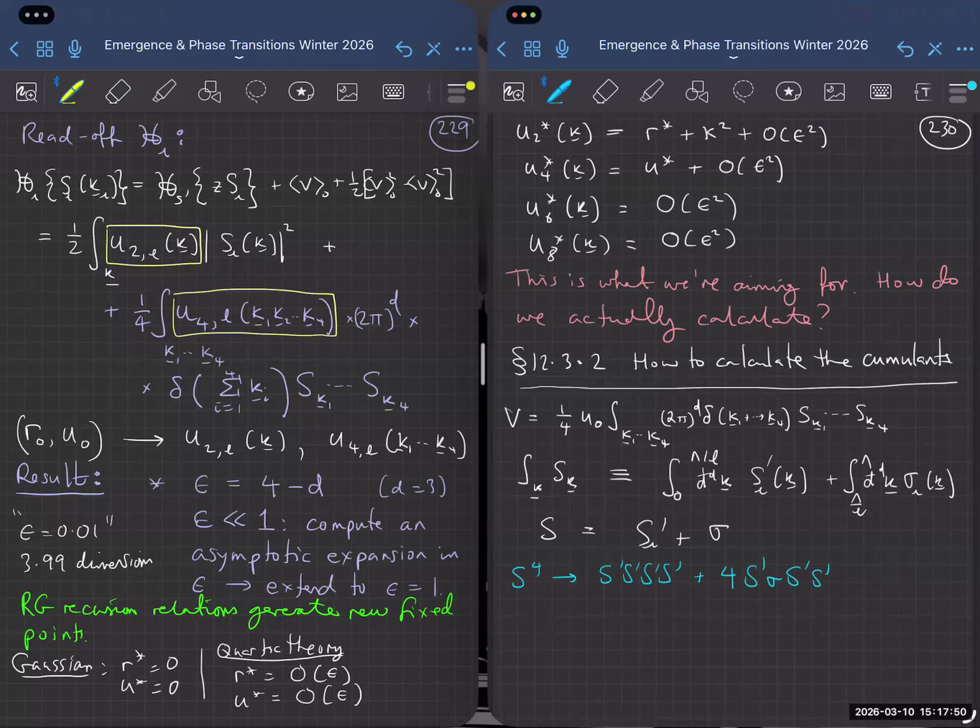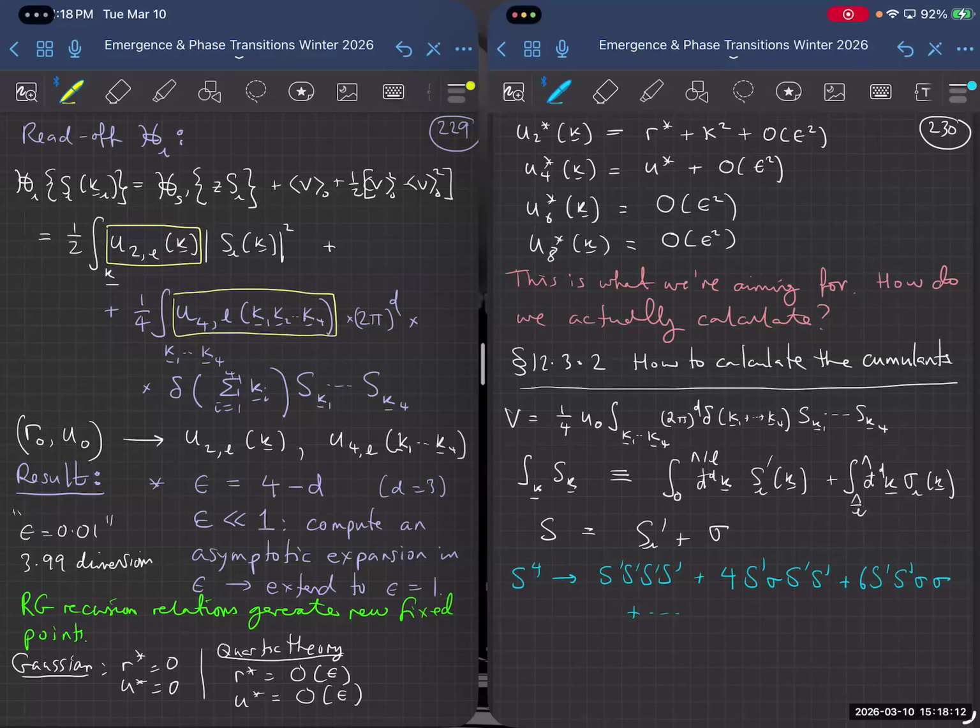Then there's going to be a term which is 6 S prime, S prime, sigma, sigma, and so on and so forth. All the terms that you get in a binomial expansion. So that's what each one of those quartic terms gives me when I multiply them together.